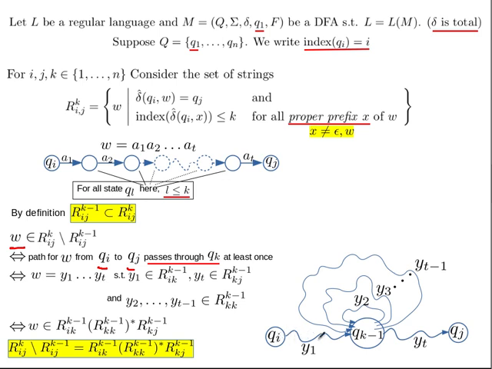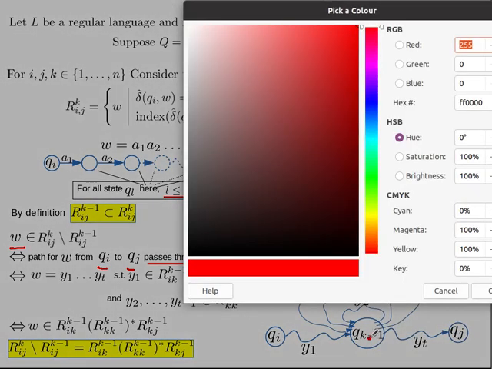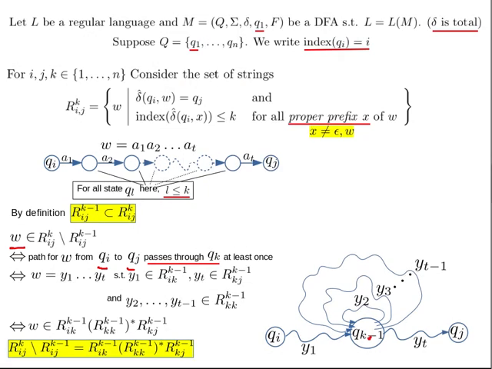So it is going through the intermediate states, which are, sorry, this should be qk, so there's a typo here.